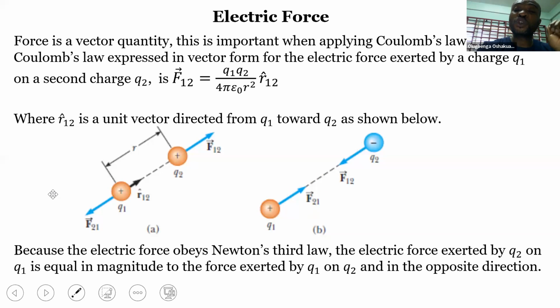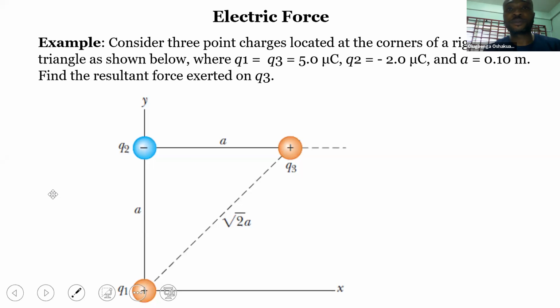The magnitudes of F12 and F21 are equal, but the directions of impact are opposite to each other. And that should remind us of Newton's third law of motion. When a force is acting on a body, we should expect motion.